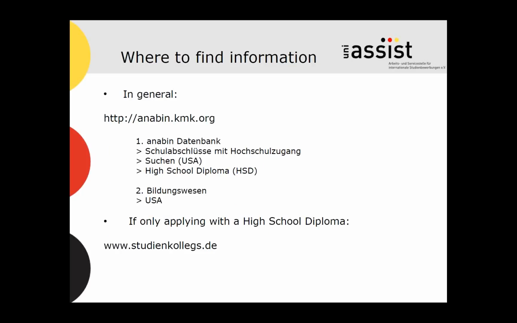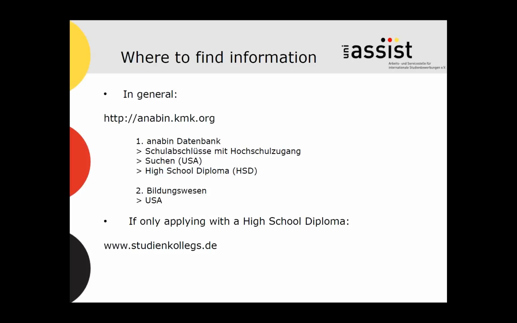And now we are going to present two very important homepages where you can find relevant information. In the first place is ANABIN. There you can find all of the requirements set for high school diploma. You can also check if your university is accredited.